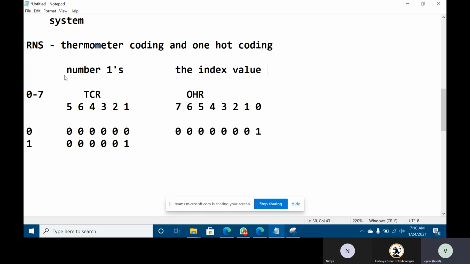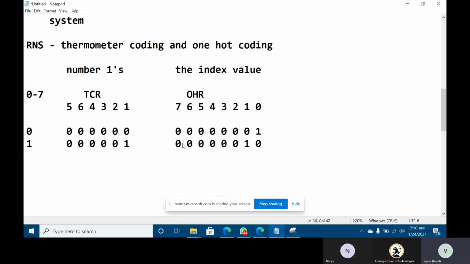So this is the representation in TCR. Now in OHR, you can see the 1 index will be enabled and the remaining are 0. So 0, 0, 0, 0, 1, 0, like that.